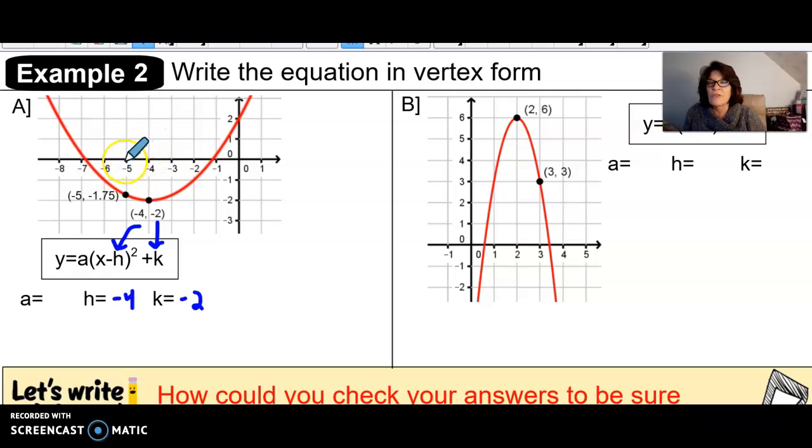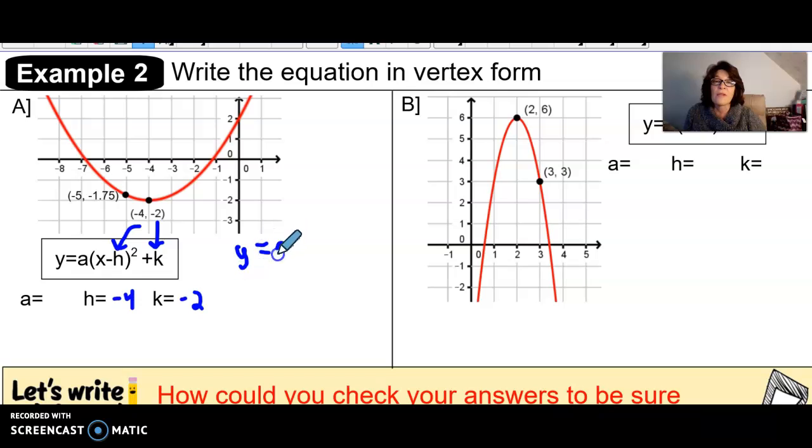Since they told me this point, (-5, -1.75), that tells me a little bit about how far up I went. It looks like I went up a quarter, up 1/4 or 0.25. And I can tell it's wider. What we're going to do, guys, is use this other point in the equation.